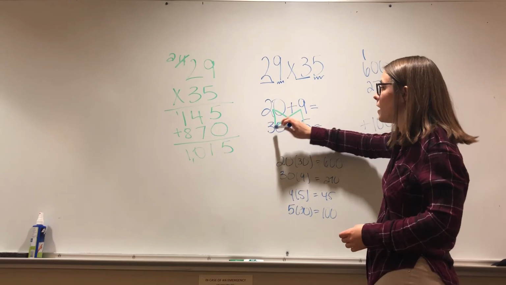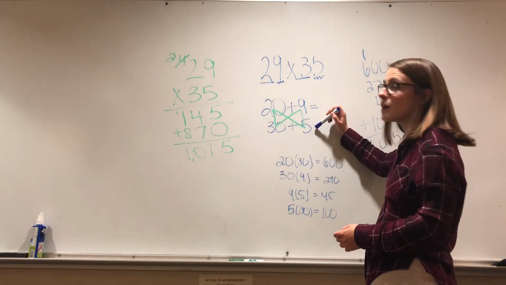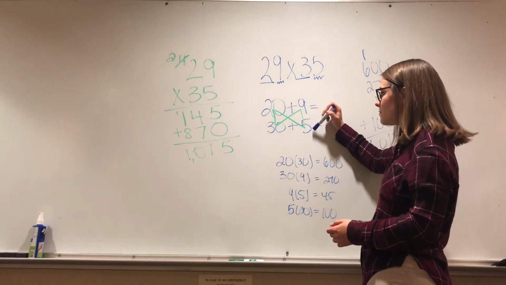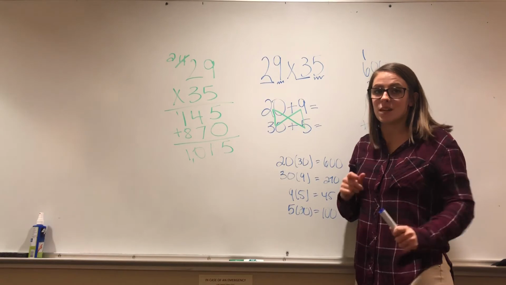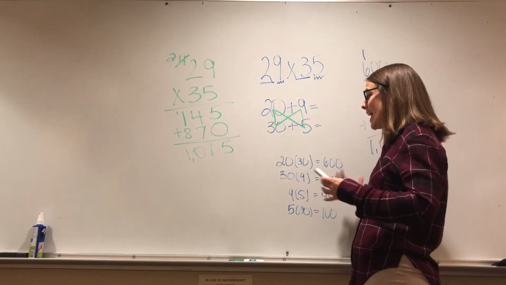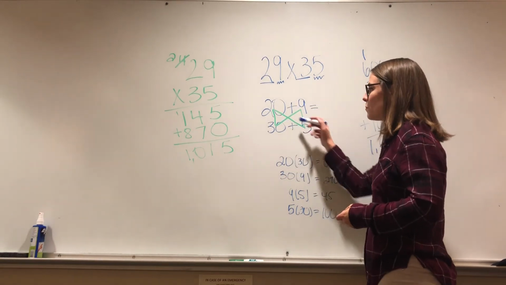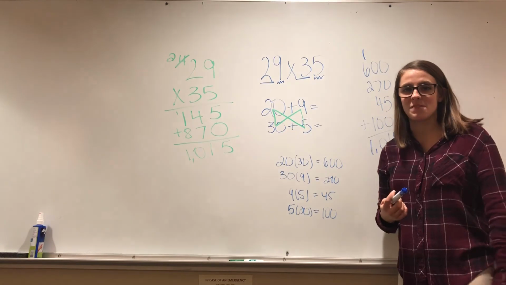And then I want you to draw another line once you multiply 30 times 9. And another line once you multiply 9 times 5. And then another line once you multiply 20 times 5. And the reason I want you guys to do that is because I don't want you guys to forget anything. That way you cover all your bases, you make your bow tie, and you're ready to rock and roll after that.